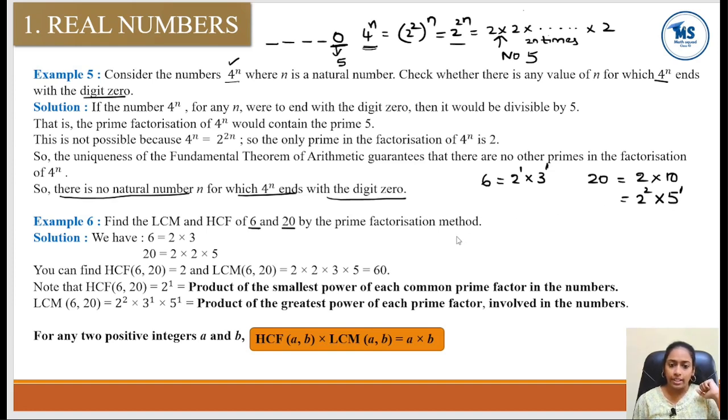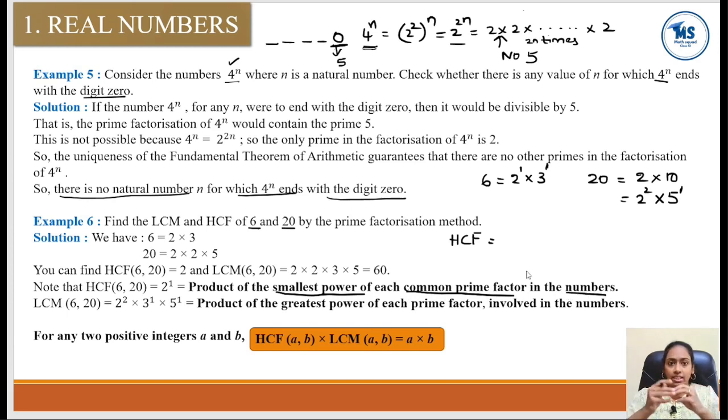So to find HCF, what do we need to do? Do you know how to find the highest common factor of two given numbers using prime factorization? The HCF would be the product of the smallest power of each common prime factor in the numbers.